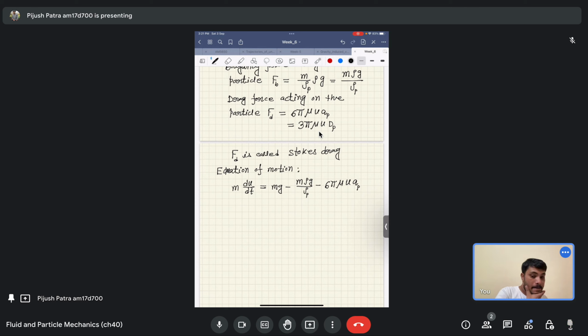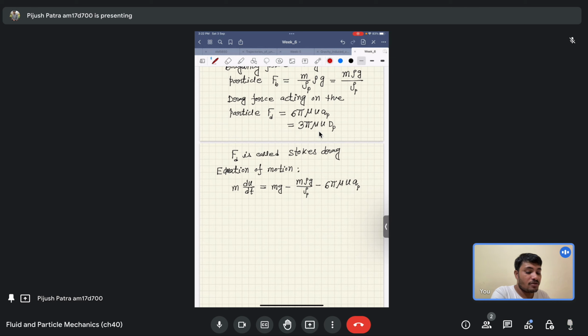Now there is the concept that particles will fall at constant velocity. When the particles fall at constant velocity, what will be the net force acting on the particle?